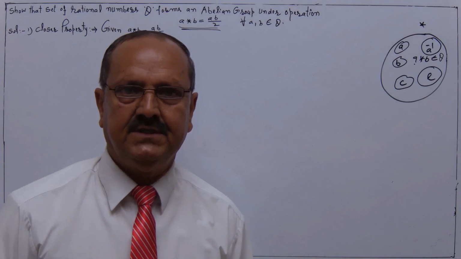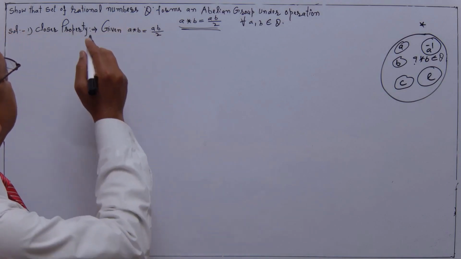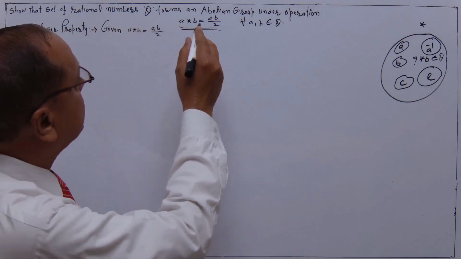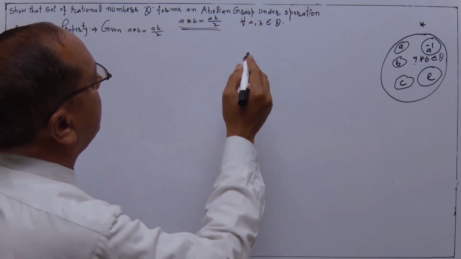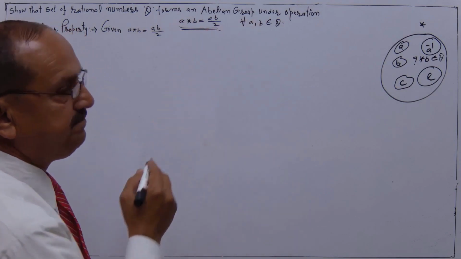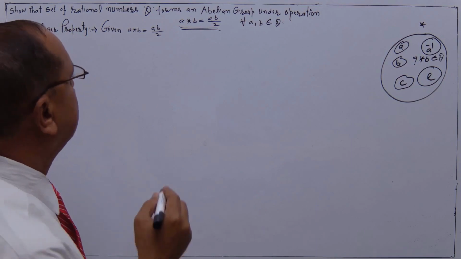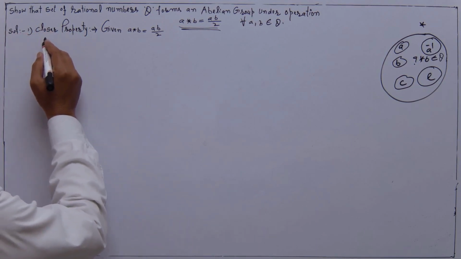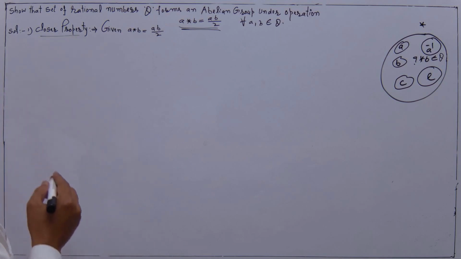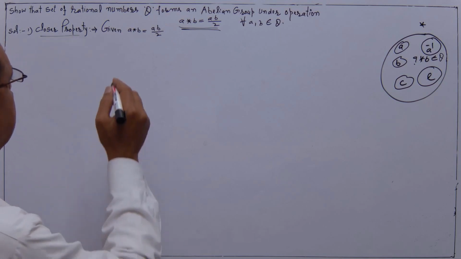Next question is, show that set of rational numbers form an abelian group under operation A star B is equal to AB upon 2. So solution, first of all, this closure property.